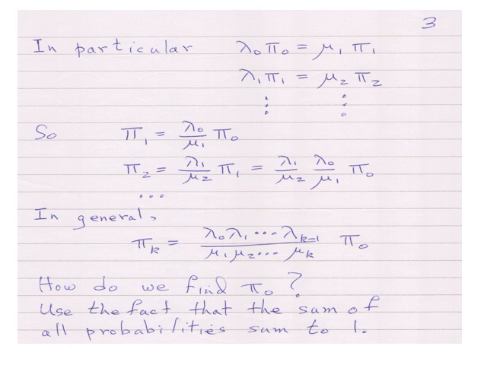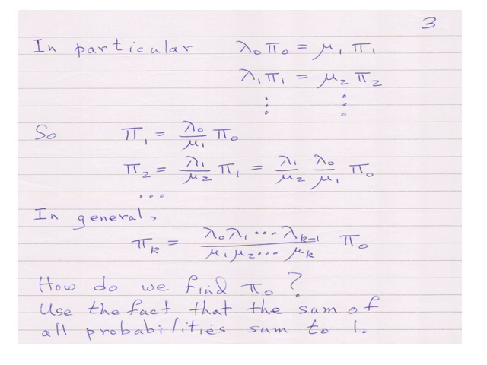In general, if we go to pi sub k, we'll get a product of k terms in front of the pi 0. In the numerator, you'll get lambda 0, lambda 1, all the way up to lambda sub k minus 1, and in the denominator, you get mu 1, mu 2, all the way up to mu sub k, times pi 0.